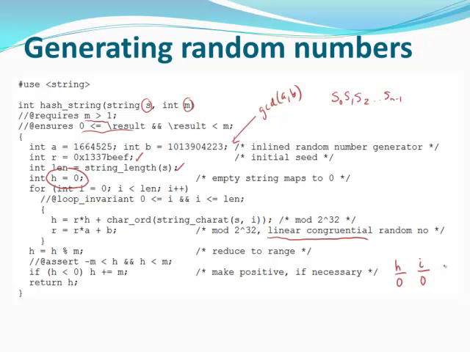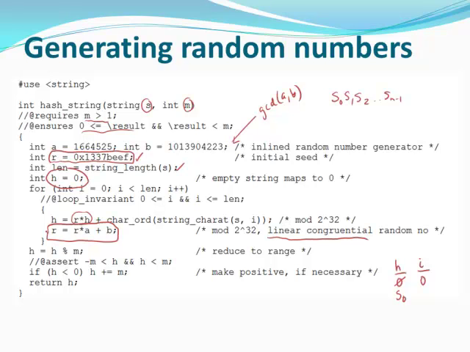So when h is 0 and i is 0, you're going to get the character at the 0th location, so let's call that s of 0. Your h, in the first iteration, because h is 0, is just s0. And then the r gets changed to something else. Notice that we are changing the seed at every iteration using those two numbers that are relatively prime, a and b.